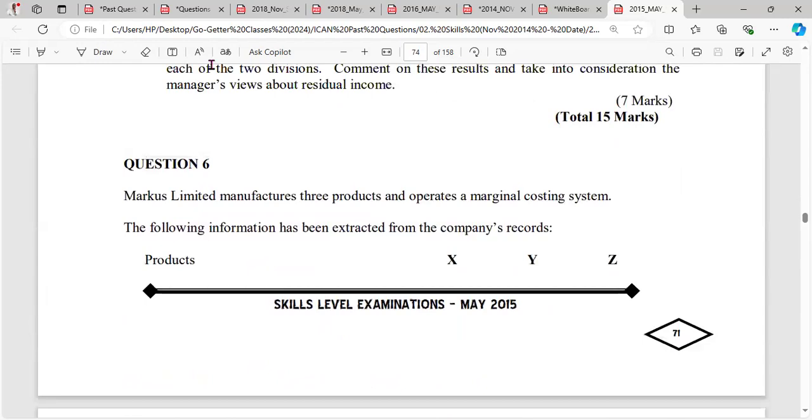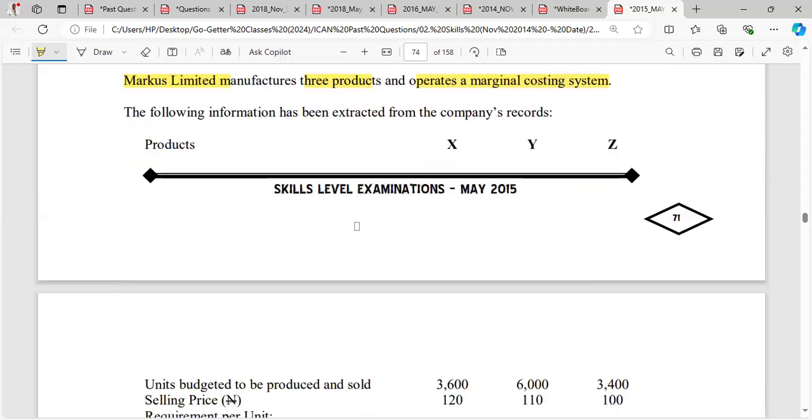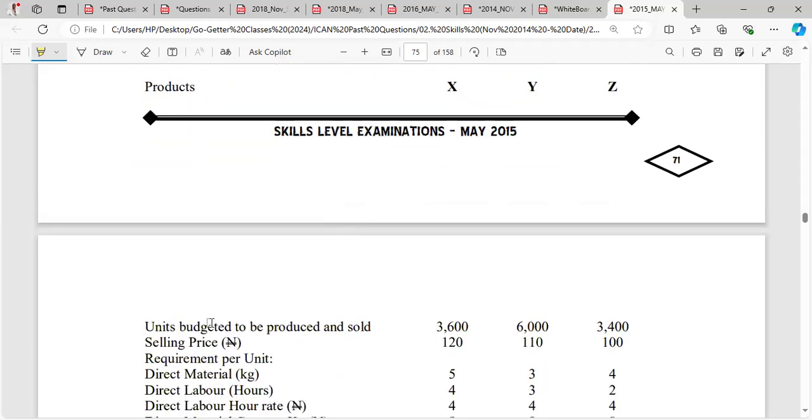We are told that Marcos Limited manufactures 3 products, and the most important thing here is they operate a marginal costing system. Now, the information has been extracted from the company's record. The products are X, Y, and Z. Look at the units budgeted to be produced and sold.